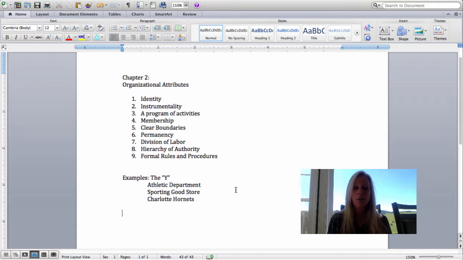Permanency. If you have a well-established organization such as the NCAA or the Y or Dick's Sporting Goods, or you have a well-established brand or organization, then when you have changeover, you have retirement, you have death in upper management, you have any kind of hiccup, then your organization is okay. That identity is set. You know your programs of study, you know your membership, you know your boundaries are clearly set.